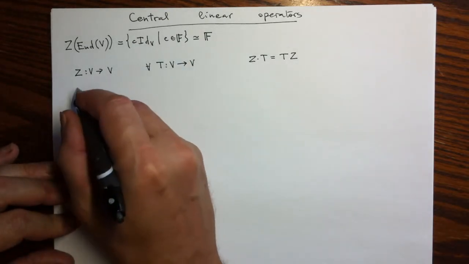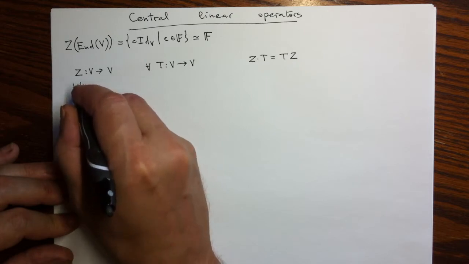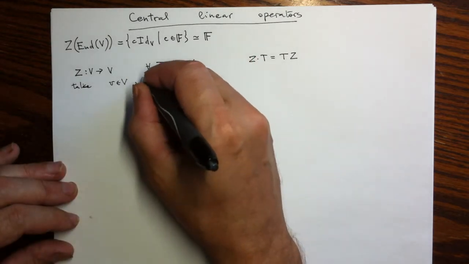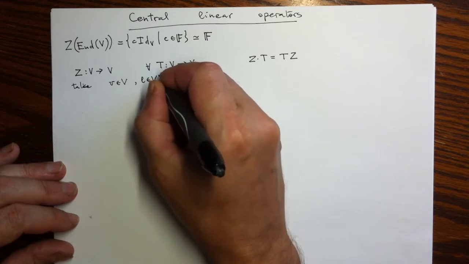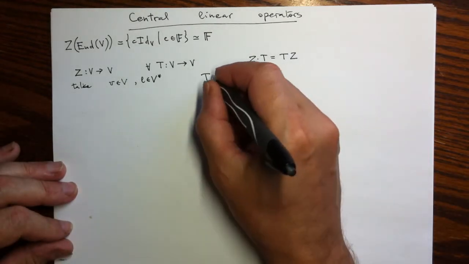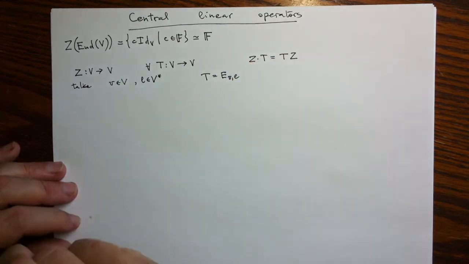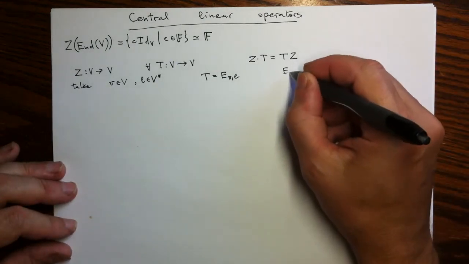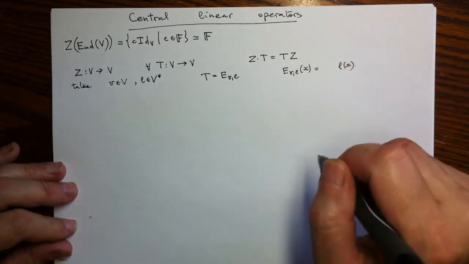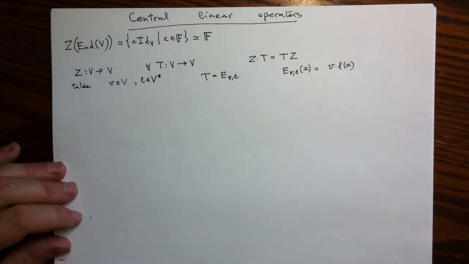I will construct the following linear operator. I will take a vector, choose a vector, non-zero vector in the vector space V, and a non-zero linear function on the vector space V. So that will be vector from the dual vector space. And then I will construct my operator as follows. So the answer will be say denoted this way, and as an operator it will take x and we'll take the linear function and evaluate it on this x, and then the result is a number and we multiply it with our vector v.